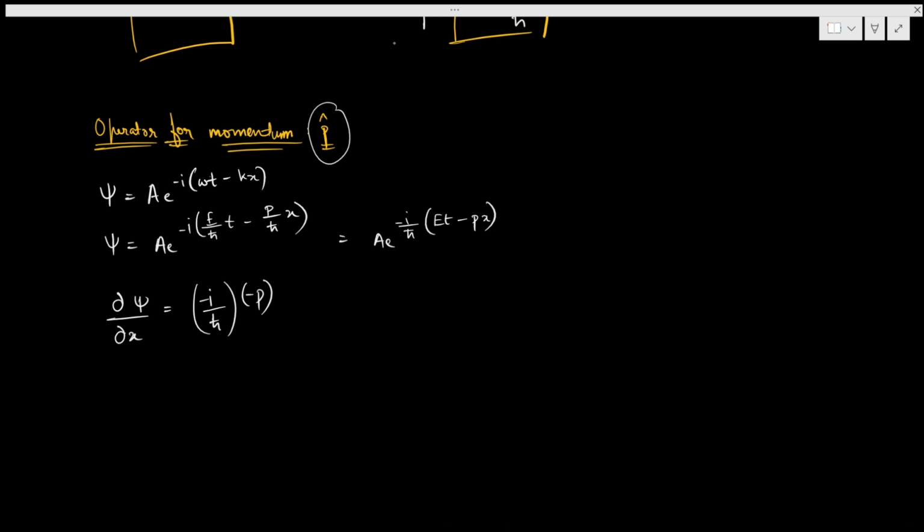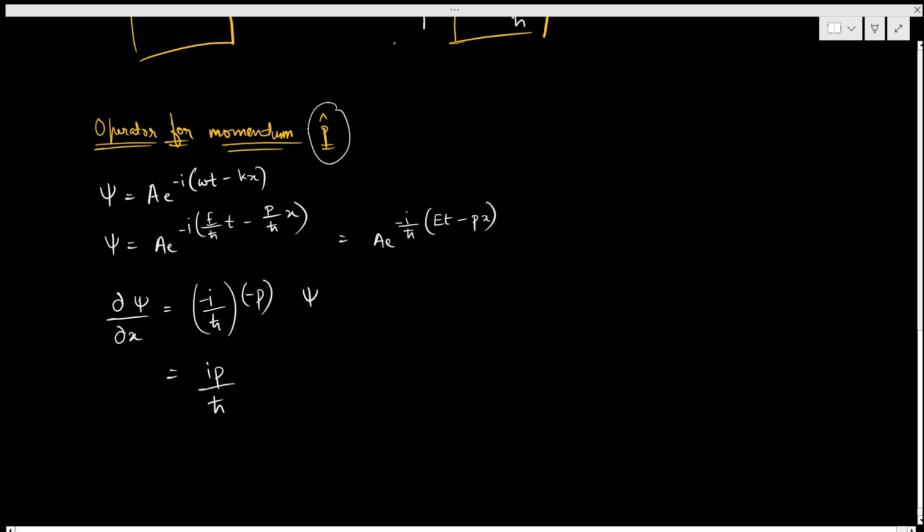There's no need to rewrite the whole thing again, just as psi, and then that would give us i p by h cross psi as the partial derivative with respect to x.